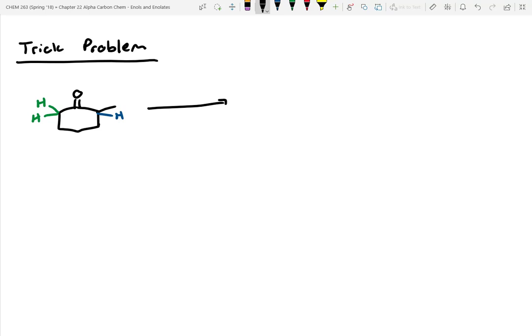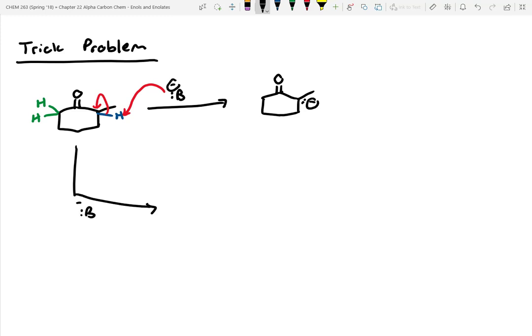I've got two options. One is my base could grab this blue proton and give me this enolate. Or, sorry, these bases should be stronger, have negative charges. Your base could grab one of these green alpha protons and form the enolate on the other carbon.